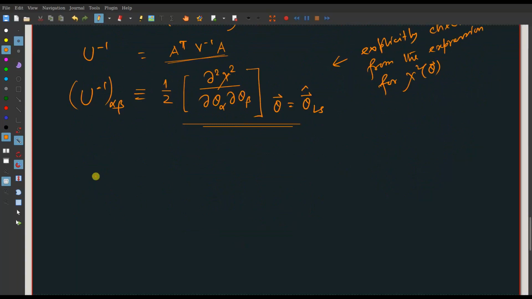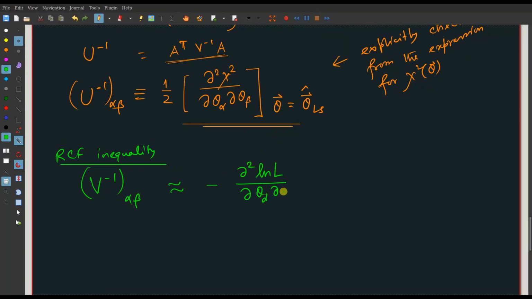If you remember correctly, from the approximate version of the RCF inequality, you had the V inverse, the correlation matrix, alpha beta, essentially equal to minus del 2 ln L divided by del theta alpha del theta beta, evaluated at theta equals theta hat, that is, at the estimated value.